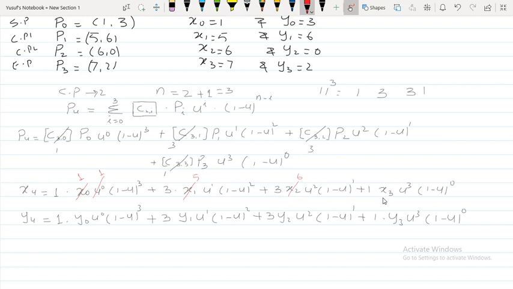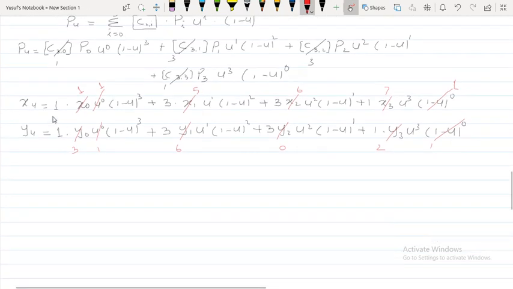Then x3 is 7, and (1 minus u) raised to 0 is 1. So y0 is 3, u raised to 0 will be 1. Y1 is 6, y2 is 0, and y3 is 2.